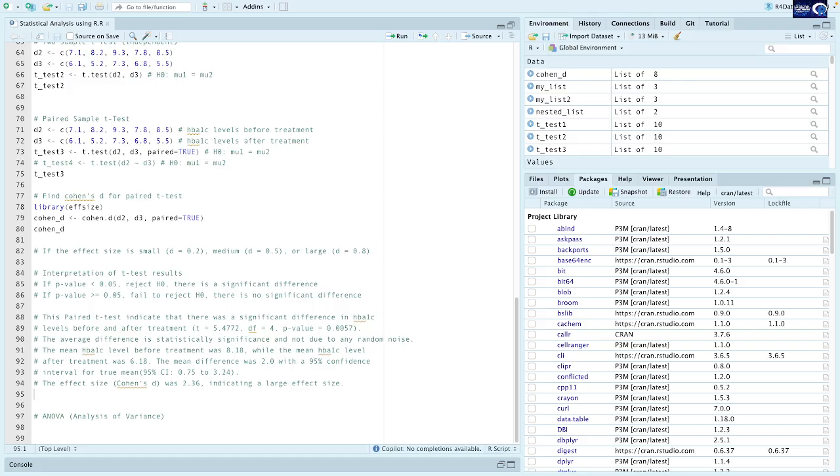Let's put observed as 13. Okay, just a confusion. Let's find out that one. 13 minus 12.5, squared, divided by expected, that is 13.